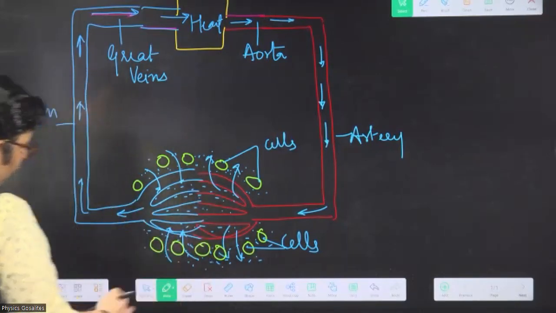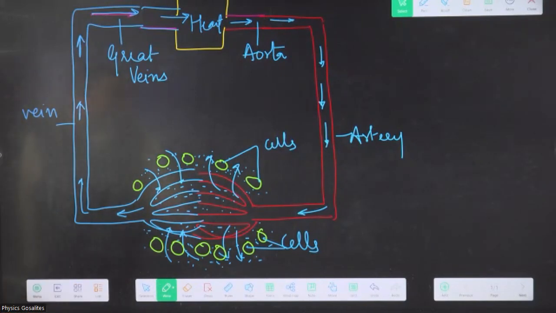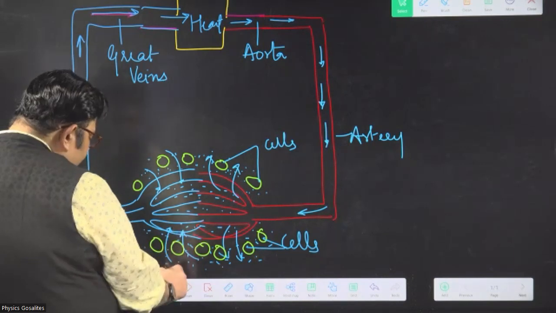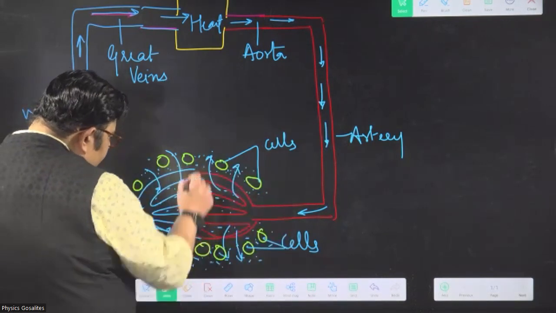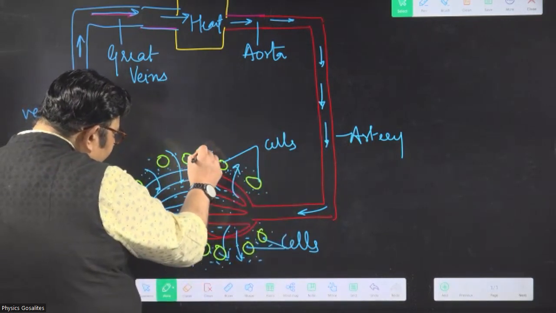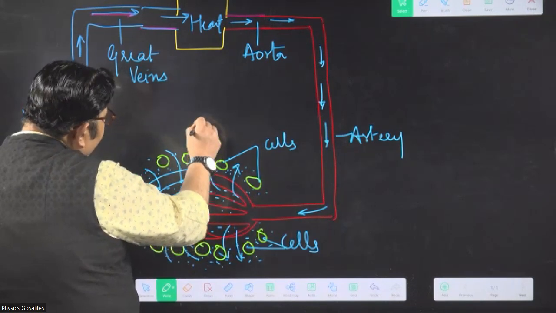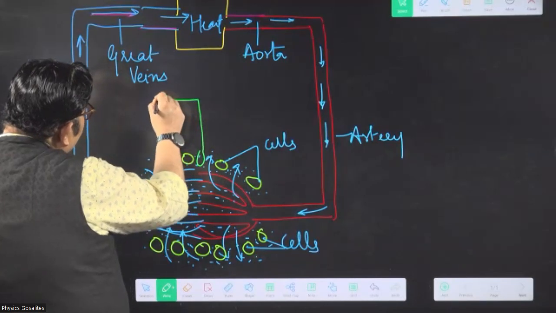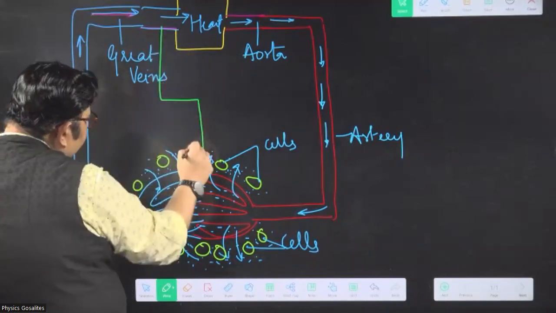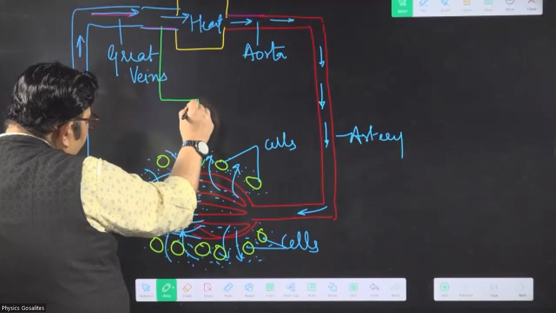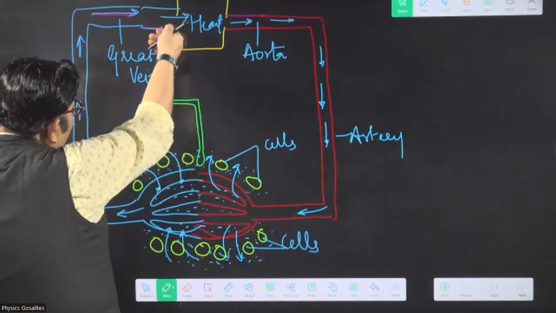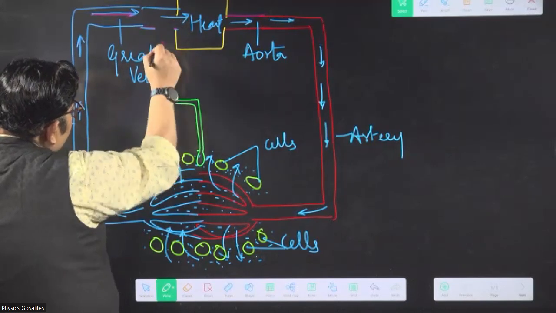So that leftover fluid from the tissues is picked up by another system, which begins as blind capillaries, and eventually forms part of a bigger system, and then ultimately drains back into the veins, particularly the large veins of the neck.